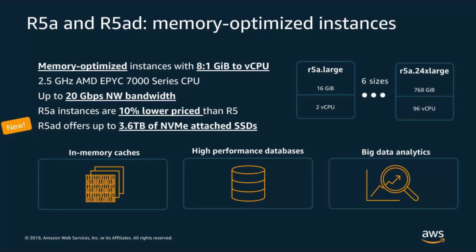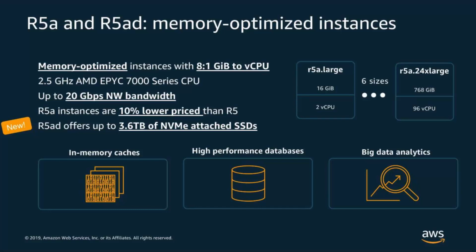So R5 and R5ad, some of the use cases you should leverage these for are going to be in-memory caches. This is where you want to store a lot of your information within the memory for very, very quick high-speed access. High-performance databases that can leverage the memory and the NVMe disk in a tiered data structure.